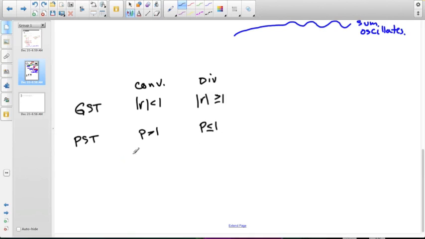That's 1 over n to the one power, because p is the power. And we can test for convergence as long as we can find the area, and we can test for divergence if the area goes to infinity.